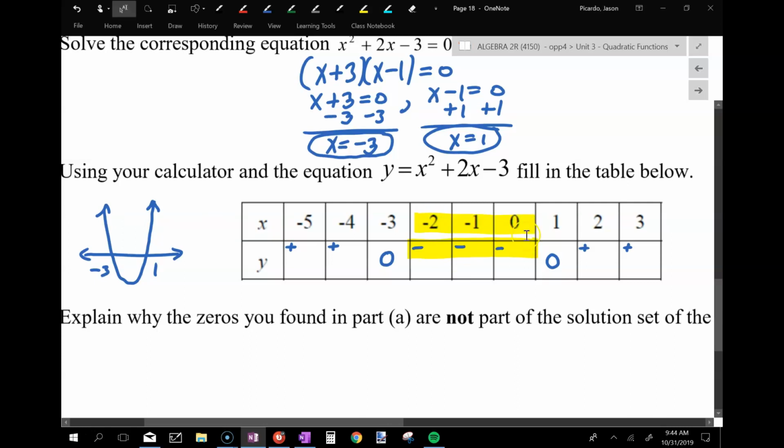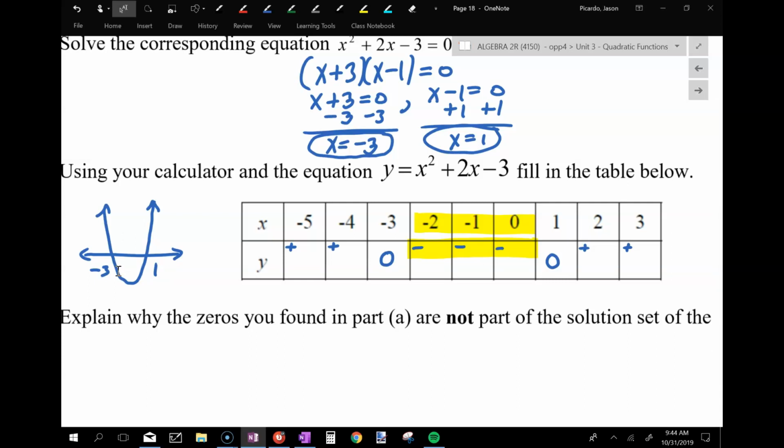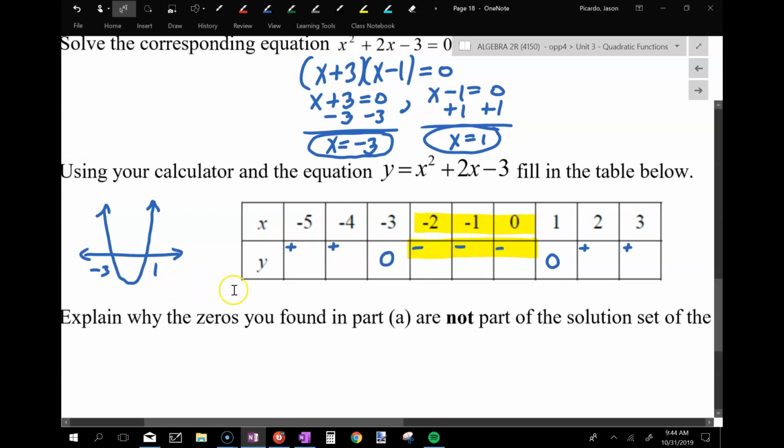There is one thing that's a little weird about this. It's a little weird. -3 is right here, right? -2 is like maybe like right here, right? What about -2.5? Is that still negative? It's still below, right? What about -2.9? Is that still negative? Yeah, what about -2.99? Is that still negative? Yeah, what about, guys, I have a root at 1, right, which is here, and then 0 is maybe here, right?